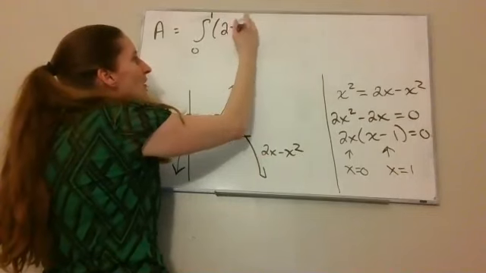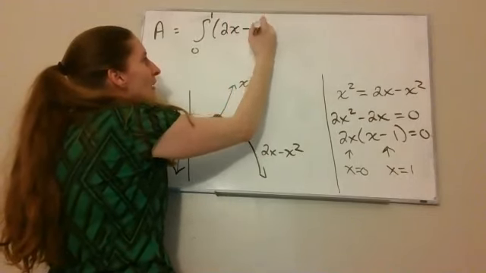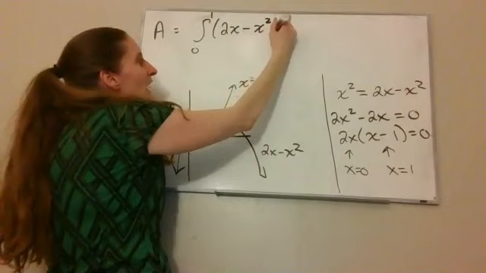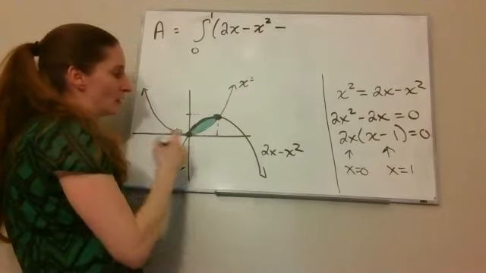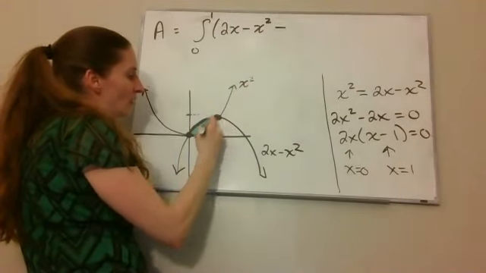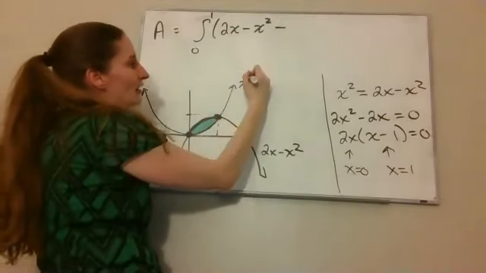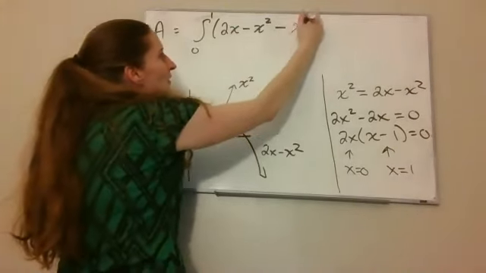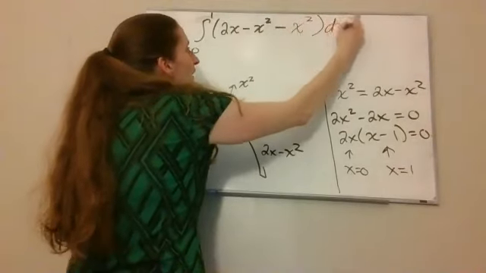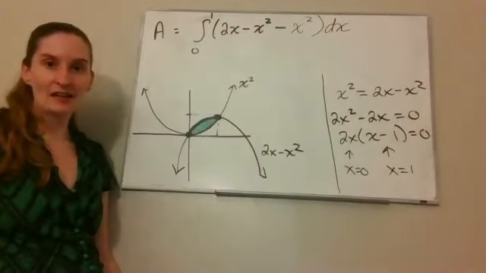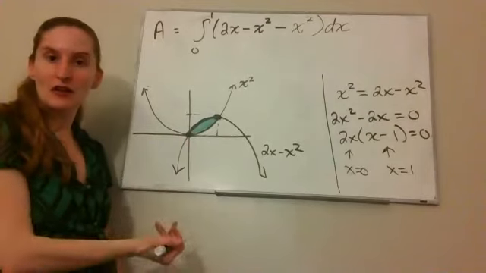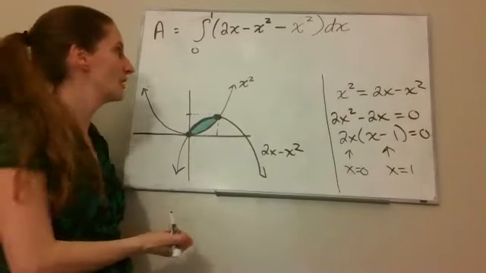So the top curve is 2x minus x squared. And then I have to subtract the bottom curve. The bottom curve is part of my opening up parabola. That's x squared. And then I integrate with respect to x. So if I calculate this integral, I'll have that area between the two curves.